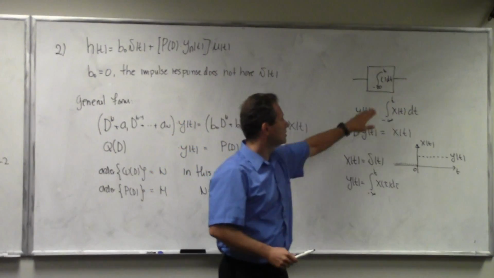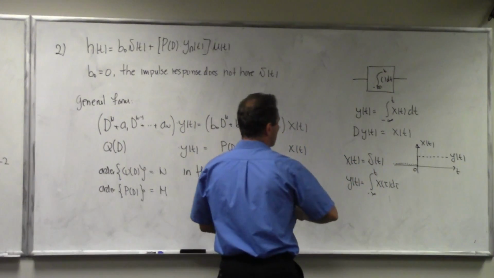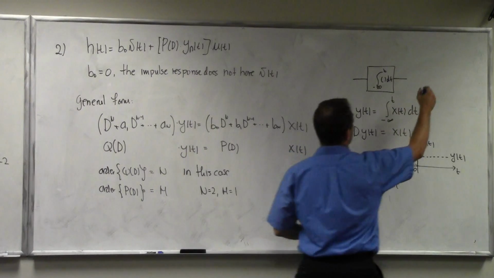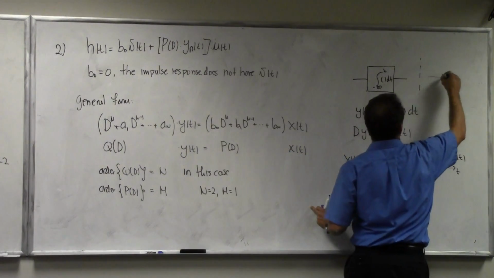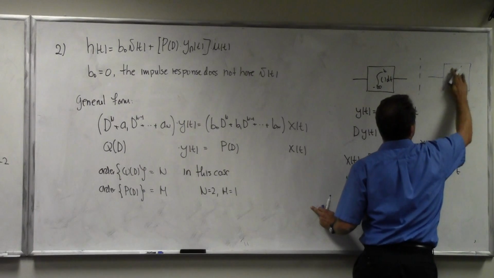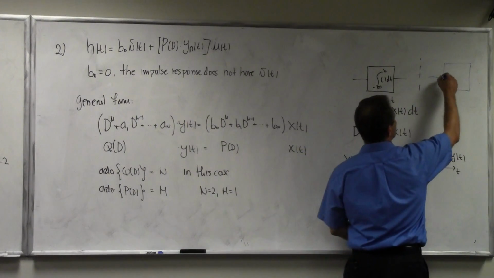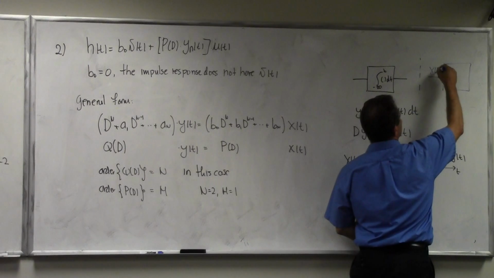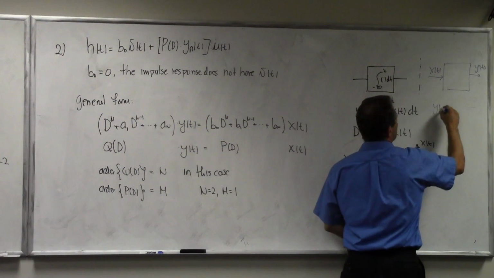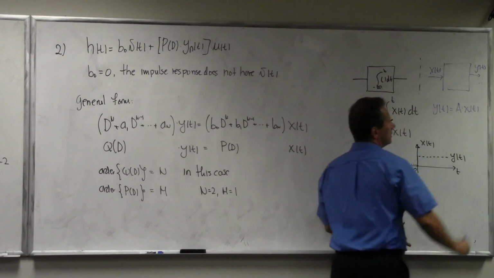If this was a differentiator, in a differentiator you would have something like this. Or let's say just a simple system. Let's say this is the simplest system at all. X of t, y of t, and then y of t is equal to a times x of t, right?